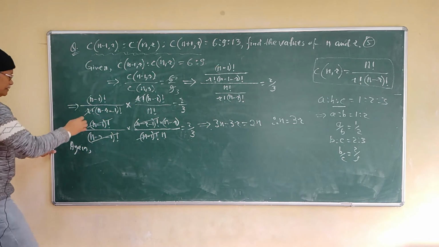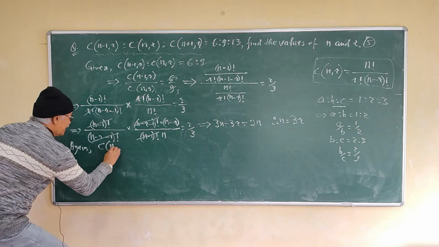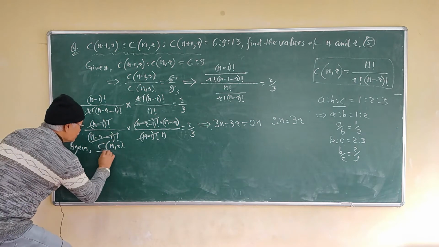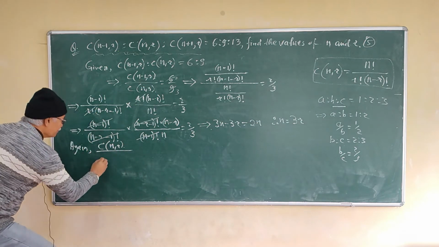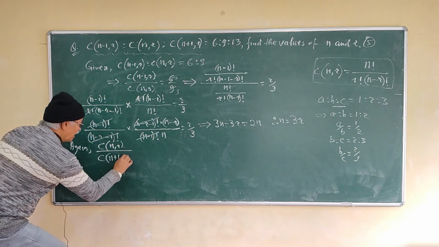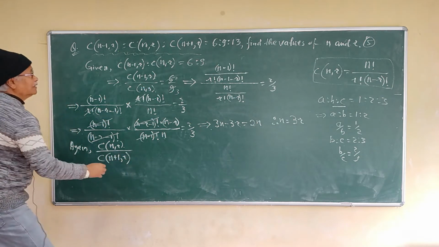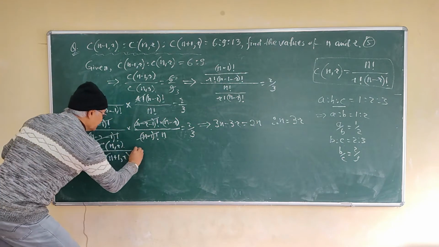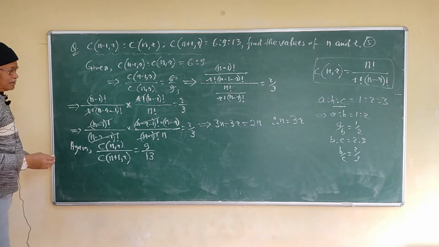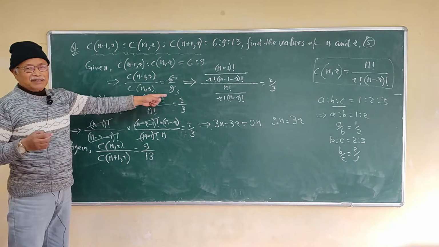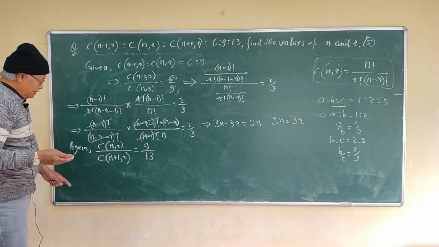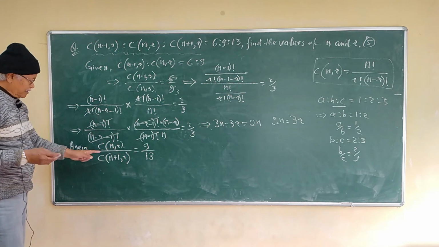We have got that Cnr divided by Cn plus 1, r, right, is equal to 9:13. So earlier we have been able to cancel 6 and 9, but here we cannot cancel because 13 is a prime number. Okay, let's try to simplify this.